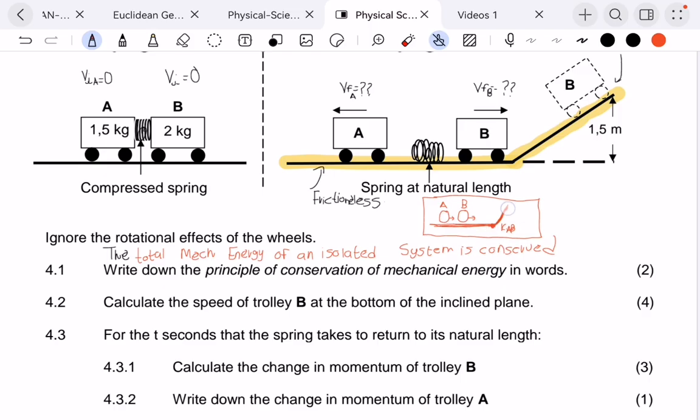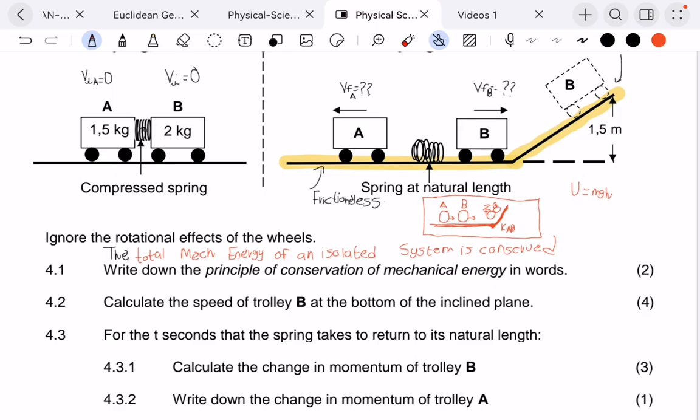And then as we move along this plane, these two objects, A and B, are gonna gain gravitational potential energy, right? Because remember that gravitational potential energy, which is U, is equal to mgh.